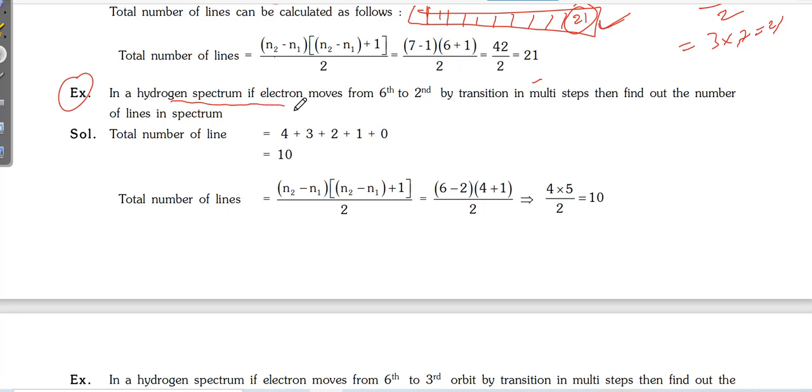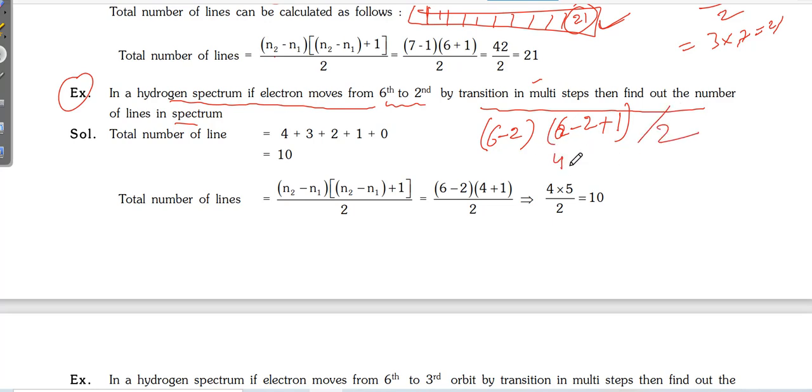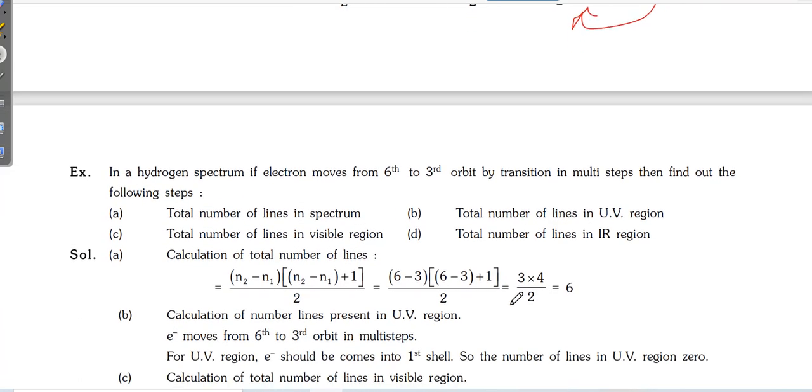In a hydrogen spectrum, if electron moves from 6th to 2nd by transition in multiple steps, find the number of lines in the spectrum. 6th to 2, you can write it 6 minus 2, then 6 minus 2 plus 1, we can say. 6 minus 2 means 4, so we have to divide by 2. 4 into 4 plus 1, that is 5, by 2, that means 10. You can see. So like this, you can calculate how many lines are forming.